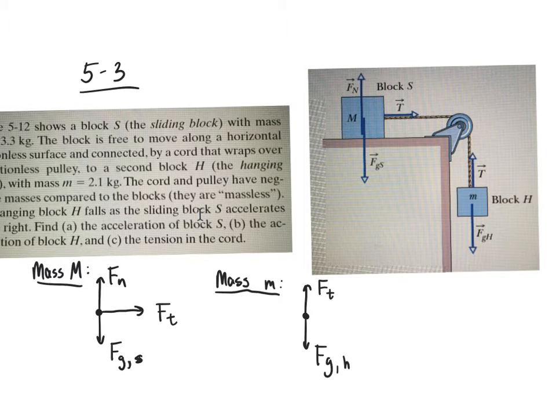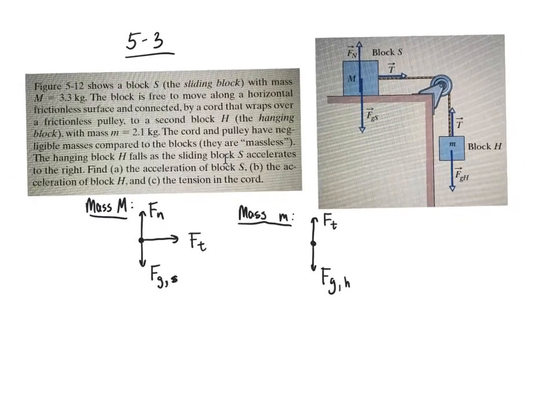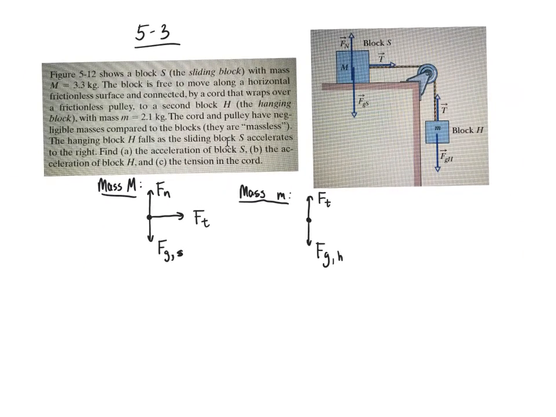Now, once we've got the free body diagrams, these problems are not really difficult because there's only one equation. If that's not clear to you, if that hasn't sunk in yet, write that down also. You're only ever going to use F net equals MA. F net equals MA. It's always going to be the same equation.